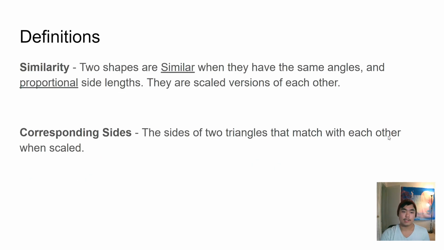They are similar. So let's go over some formal definitions here. Two shapes are similar when they have the same angles and proportional side lengths. They are scaled versions of each other. We're going to talk a little bit more about proportions in a sec, but basically we're saying same angles, different sized side lengths. Corresponding sides. So what corresponding sides mean is two sides that match up with each other, right?